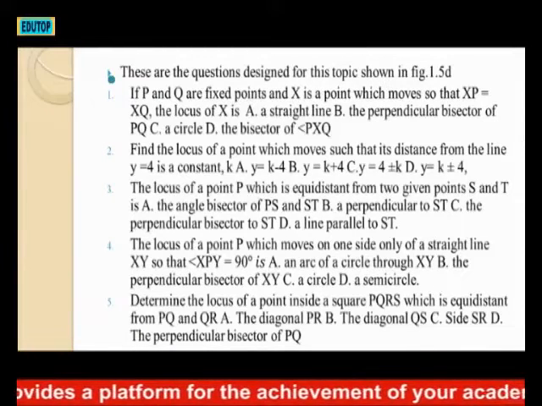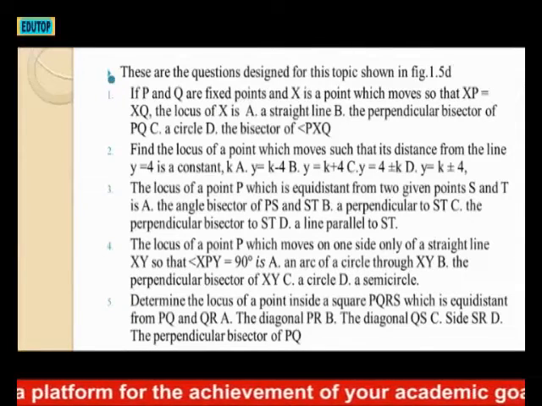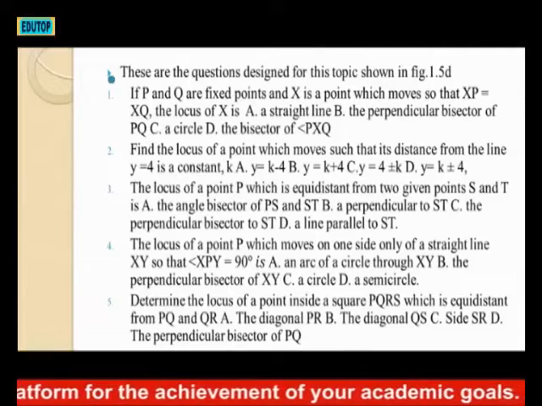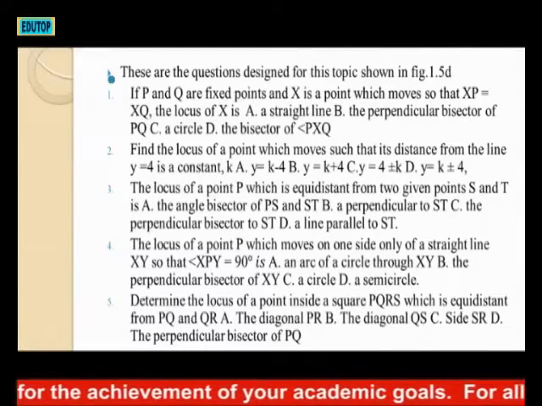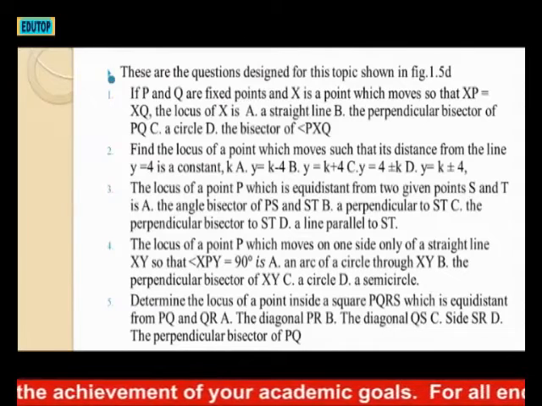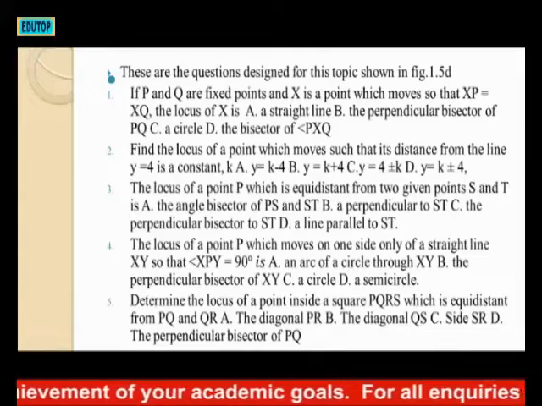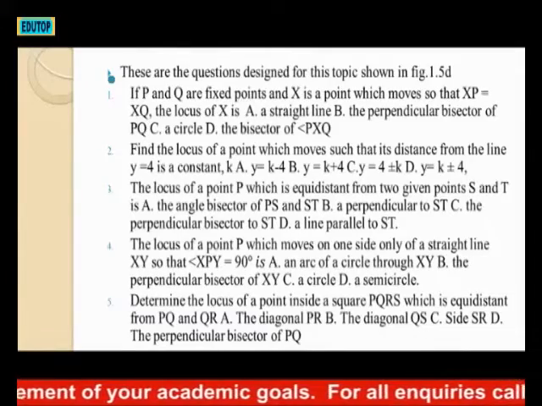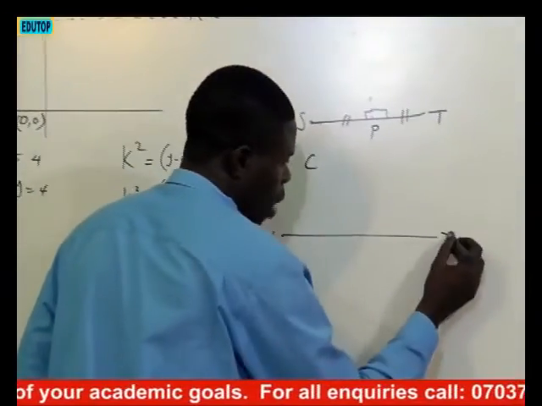C, a circle. Then D, a semicircle. So if you look at this very well, the locus of a point P, which moves on one side only of a straight line XY. So let's say we have a straight line XY. This is a straight line XY.